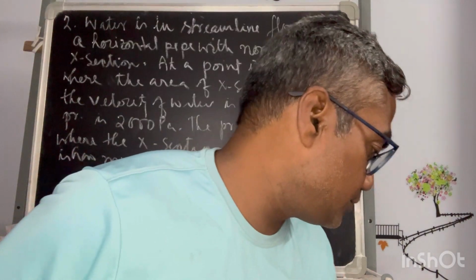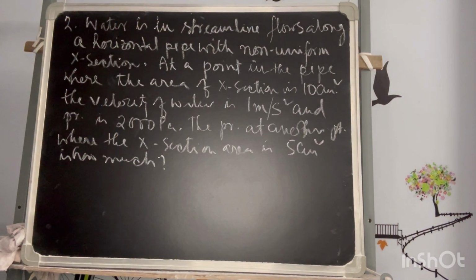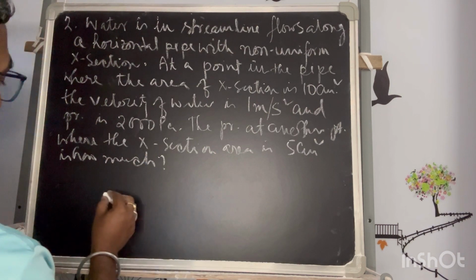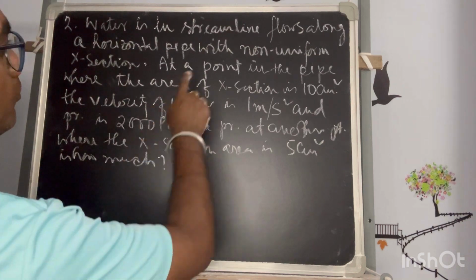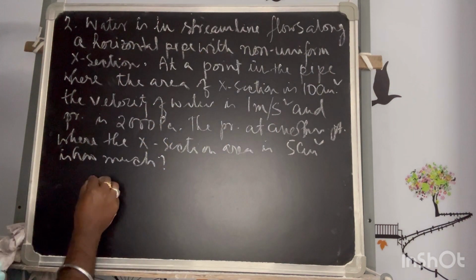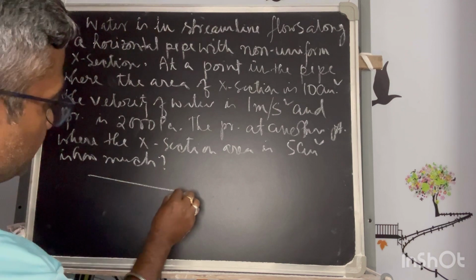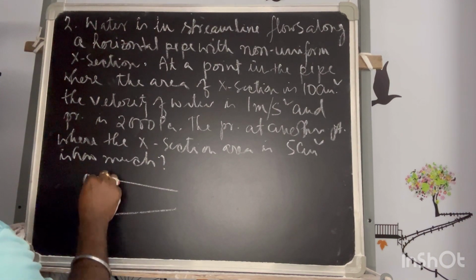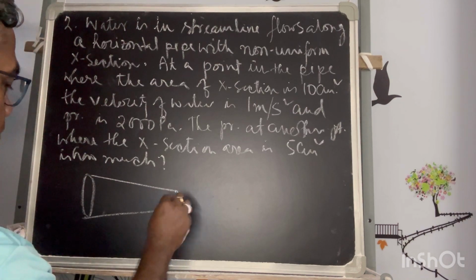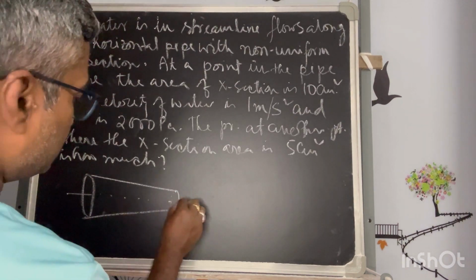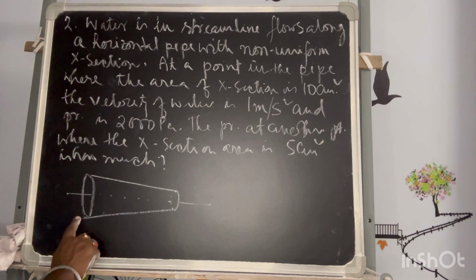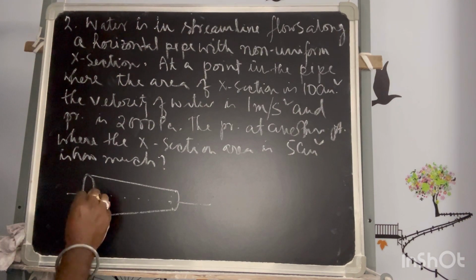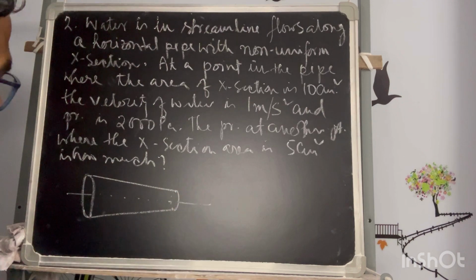Okay, so now read it out again. Water is flowing in a streamlined flow along a horizontal pipe, maybe a pipe of non-uniform cross section. As given, this is of this kind of non-uniform cross section, but the shape is uniform.